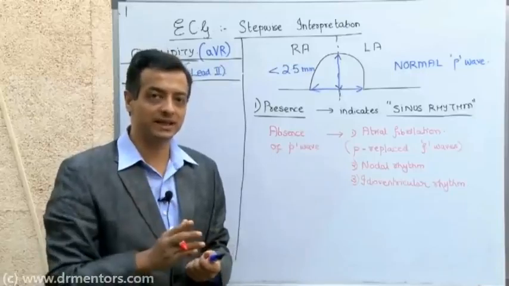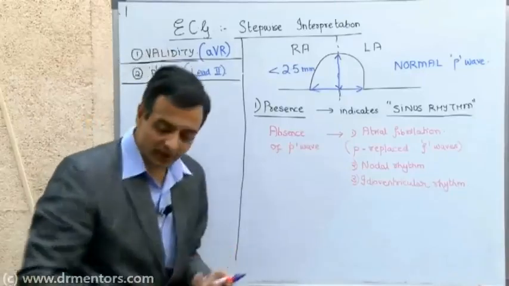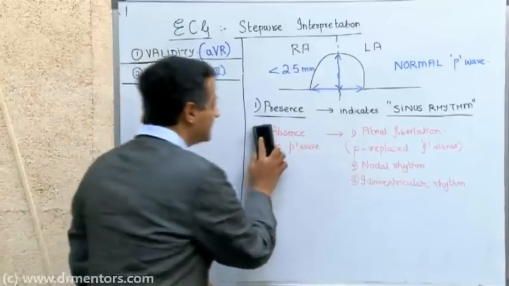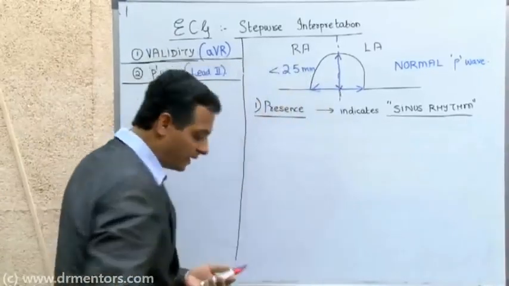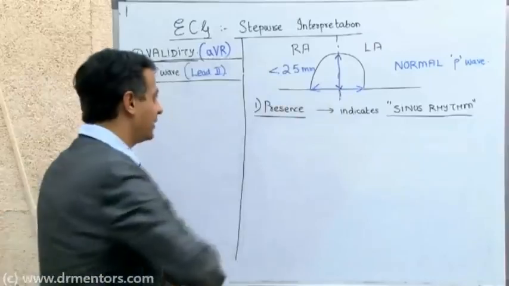Clear questions are there. Going to the second point, after the presence of the P wave, number 2, I want to look for the morphology of the P wave.